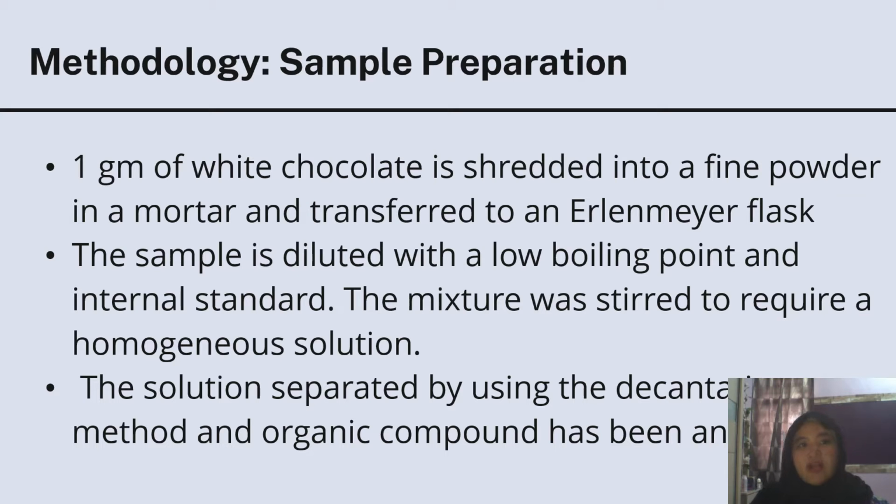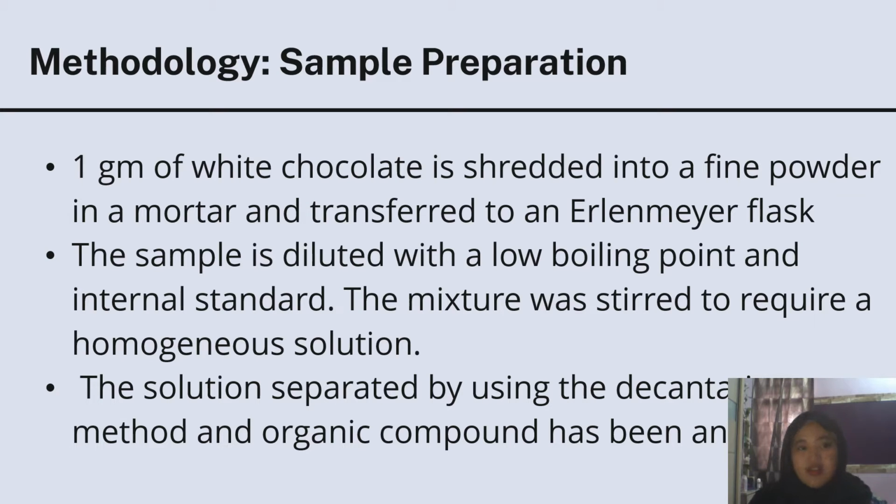For this part, I'm going to talk about the methodology, sample preparation for this gas chromatography experiment. For the first step, 1 gram of white chocolate is shredded into a fine powder in a mortar and transferred to an aluminum flask.